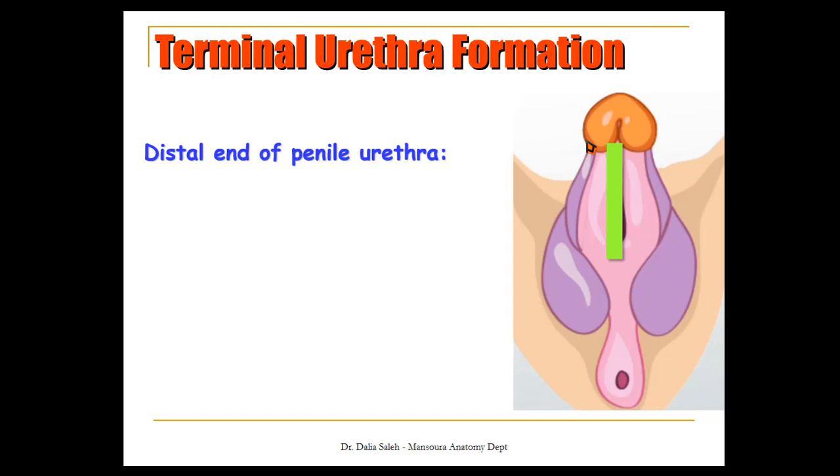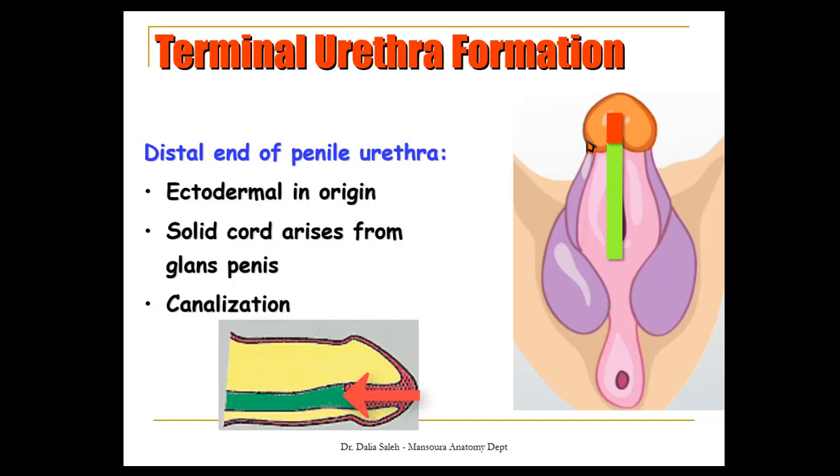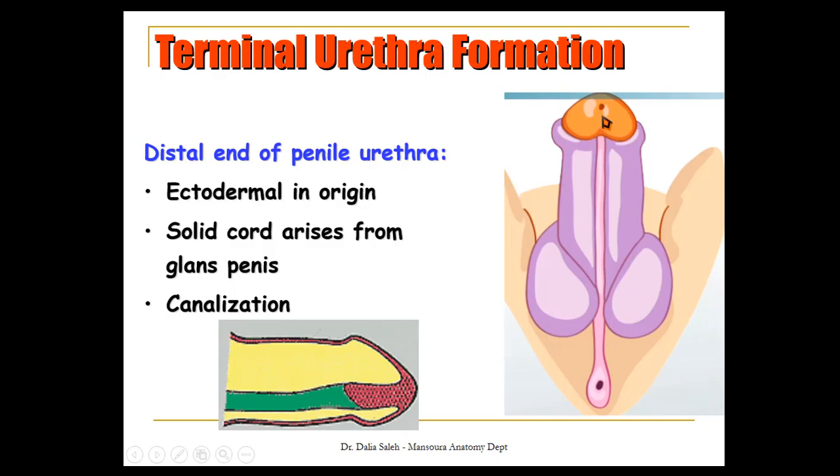However, the distal end of the penile urethra is ectodermal in origin, and it appears like a solid cord of cells that arises from the tip of the glans penis. Then later on, this solid cord of cells will become canalized and continue with the rest of the penile urethra. So now the opening of the urethra will open at the tip of the glans penis.